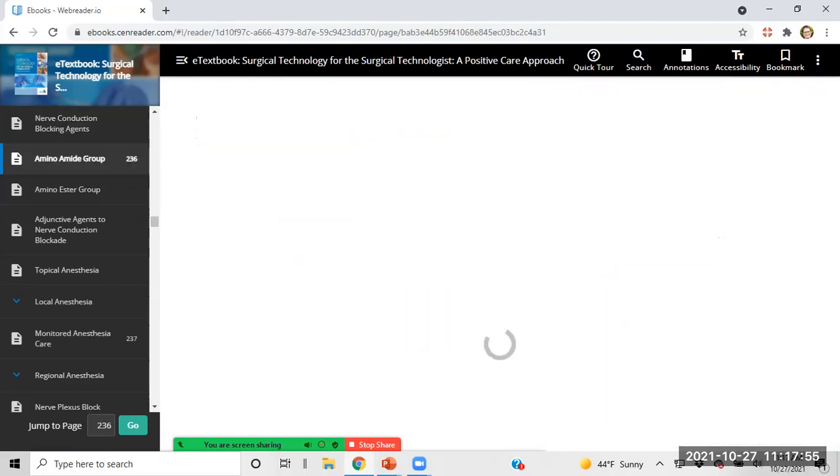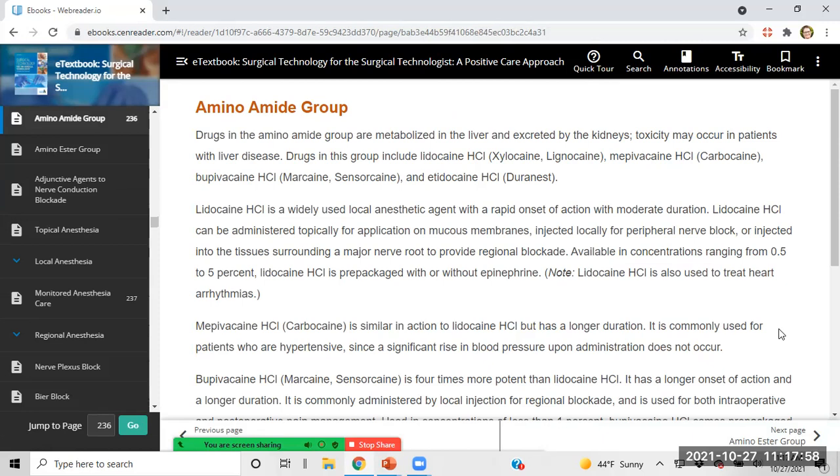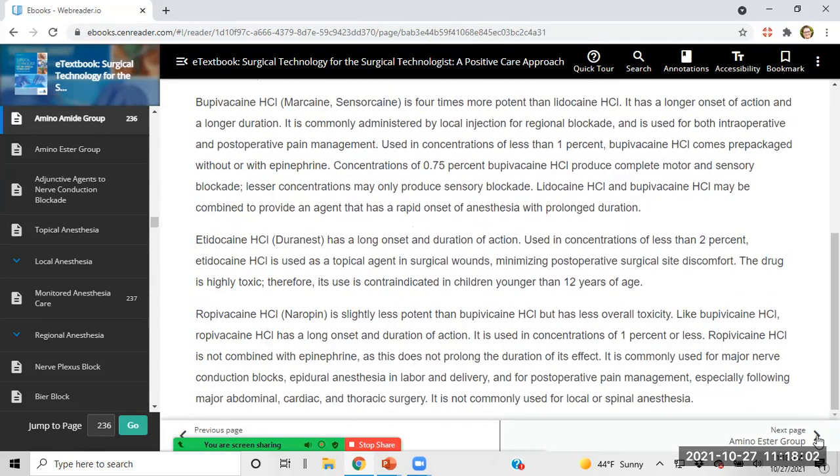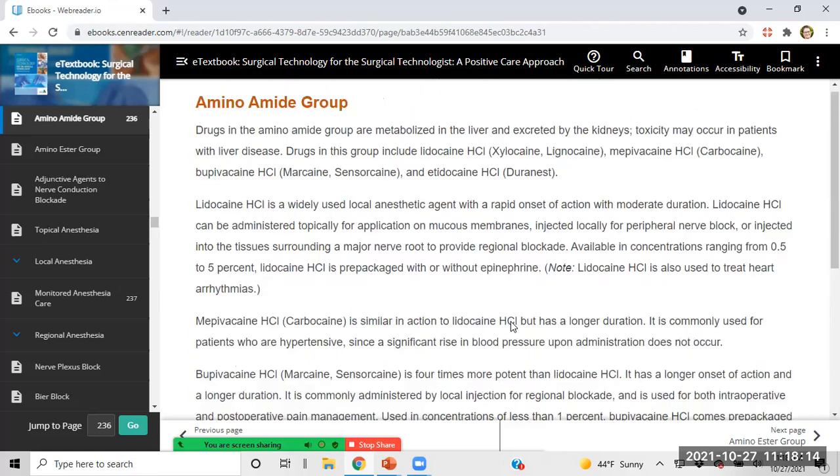And then we have a group, it's called the amino-amide group. That either gives a really long onset, so it doesn't kick in for a long time, or it lasts a long time. And here you can see different ones.